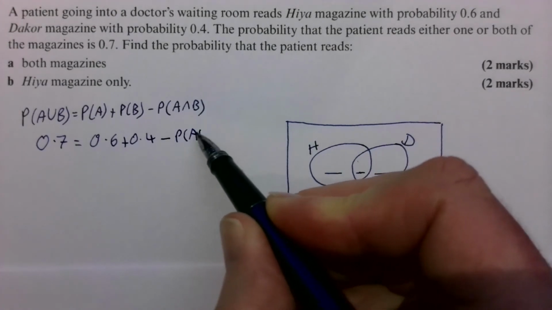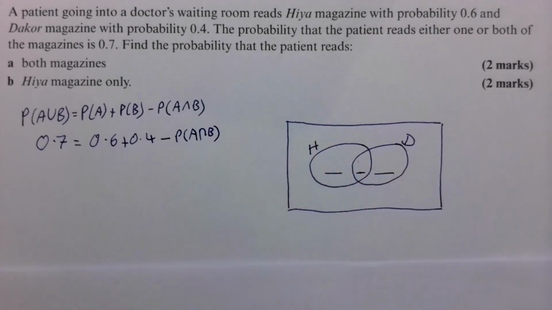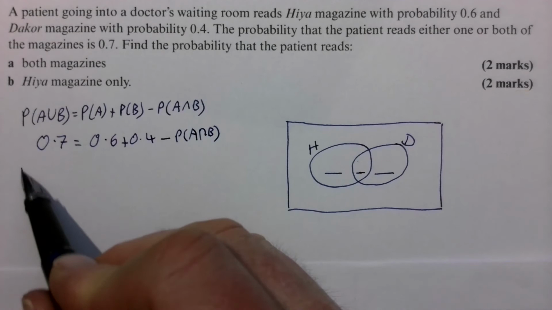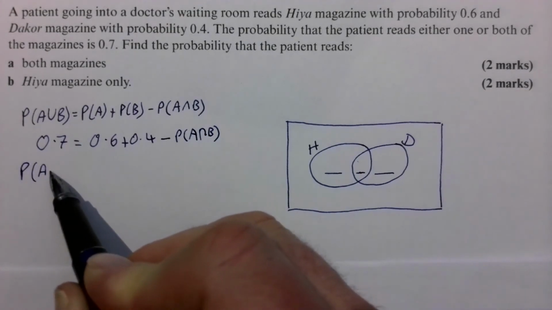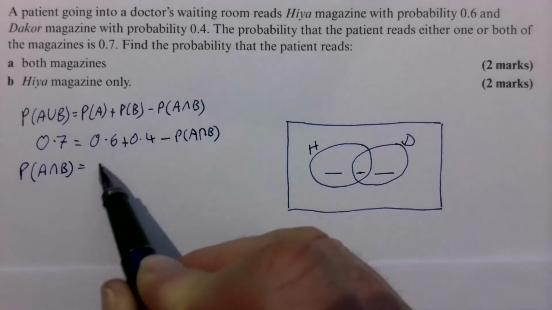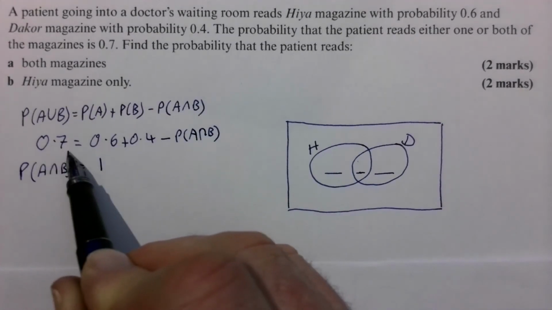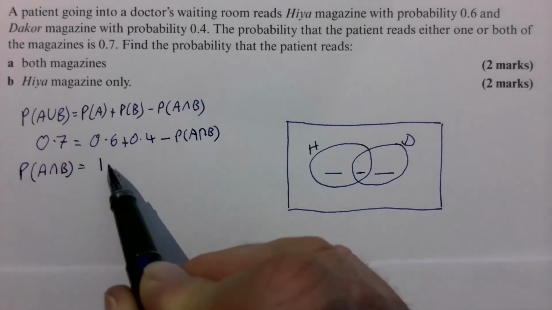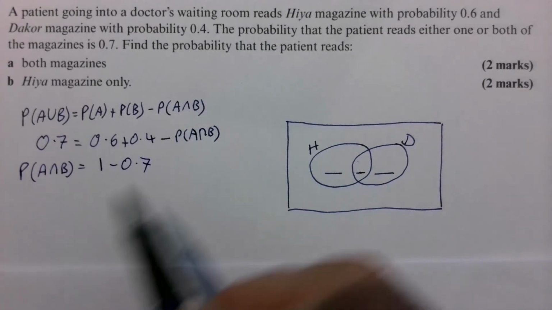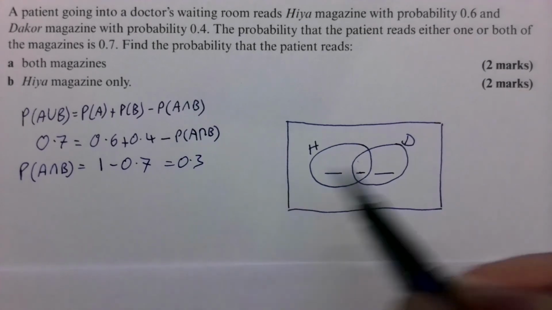Now we could just do a little bit of reorganizing here. If I add the probability over to this side, the probability of A union B, add those together gives me 1, and then take that away over to this side, it gives me 0.3.